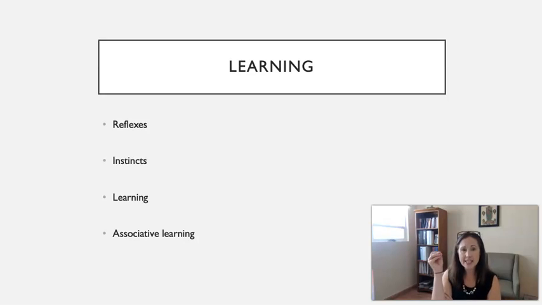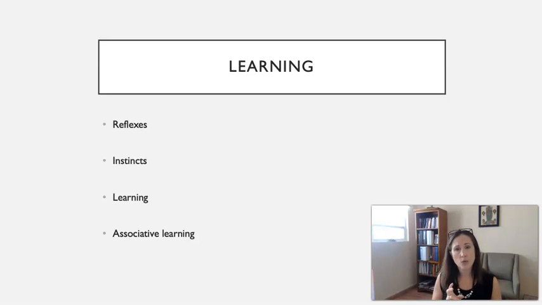So you think this thing goes with that thing, you learn that, and so your behavior changes based on that assumption. If this happens, then that's about to happen. And so the two main types of associative learning we're going to talk about are classical conditioning and operant conditioning.